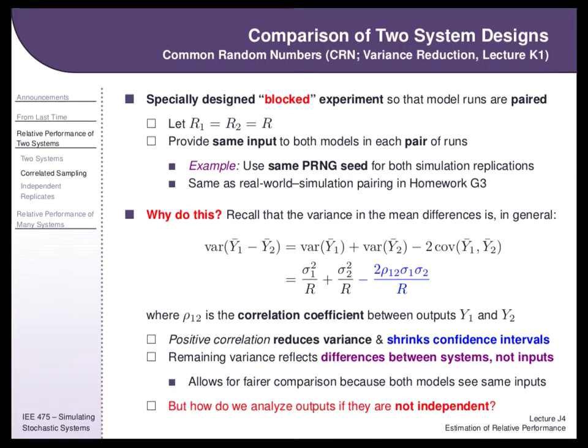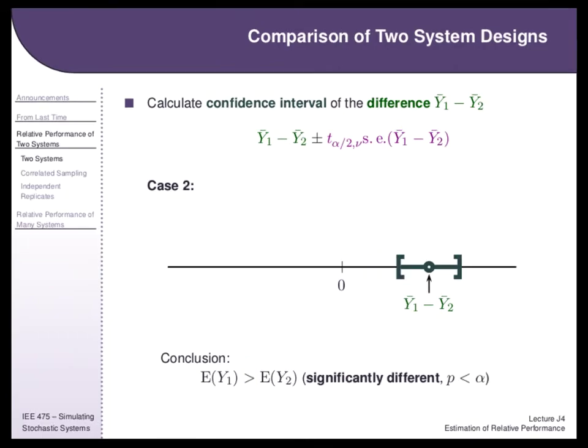So the first one, again, you've already seen something like this, is when I use a special, what we call blocked design in statistics. And so I create experimental blocks. And this is saying beforehand, I say that I've got my two systems, and I'm going to run the same input into each system. So go back to just this picture again.